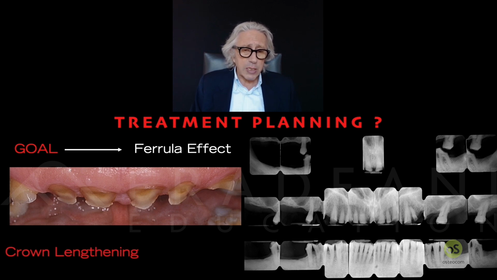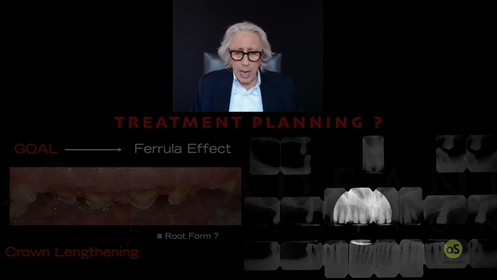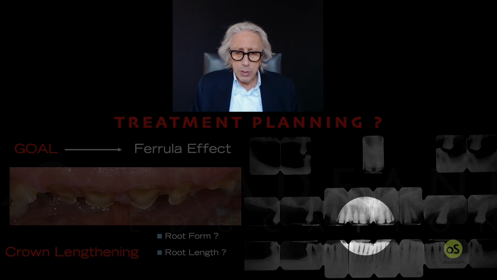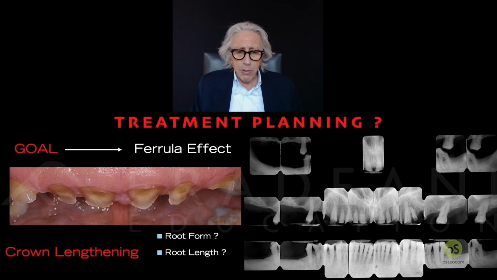At this point, you have to ask yourself, what about the root form? Root form on anteriors. They seem to be quite conical. What about root length? Seems to be quite short. So what about the possible mobility after a surgical procedure? Tooth mobility. And I could say, maybe it could be possible.